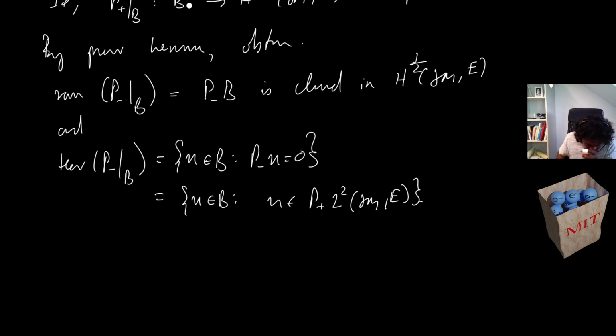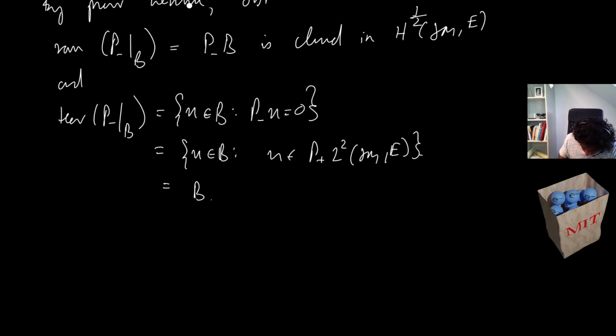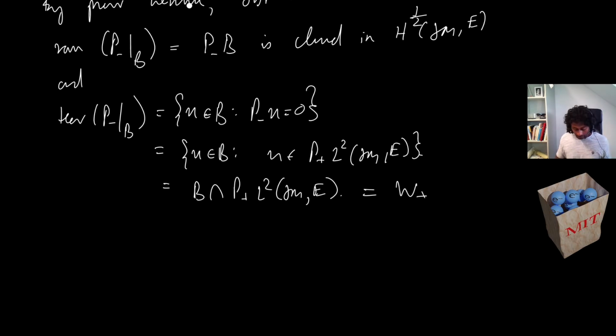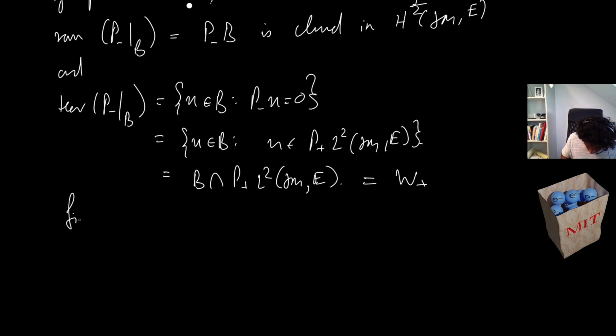That's equal to B intersect P plus L2 ∂ME, which was the definition of our space W plus, right? So this is finite dimensional.